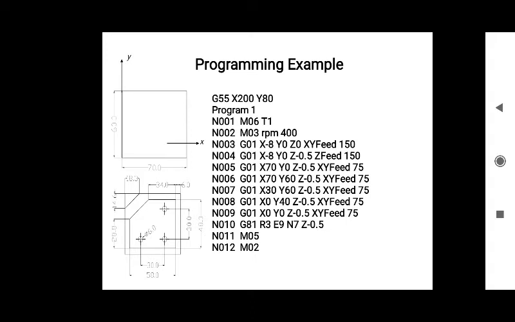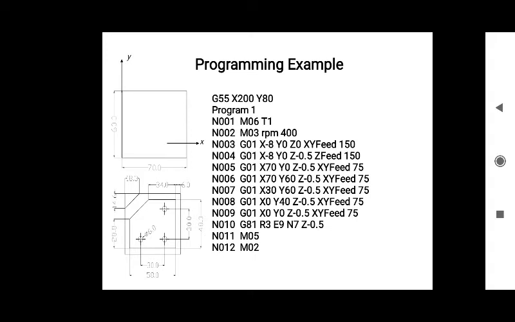So initially you can see over here X is kept at minus 8, Y0, Z0. Then second position you can see over there. First of all, we have selected the tool in the first line, then we have given the spindle rotation. It should rotate clockwise with 400 rpm. Okay, then after that we have shifted to the safe position.